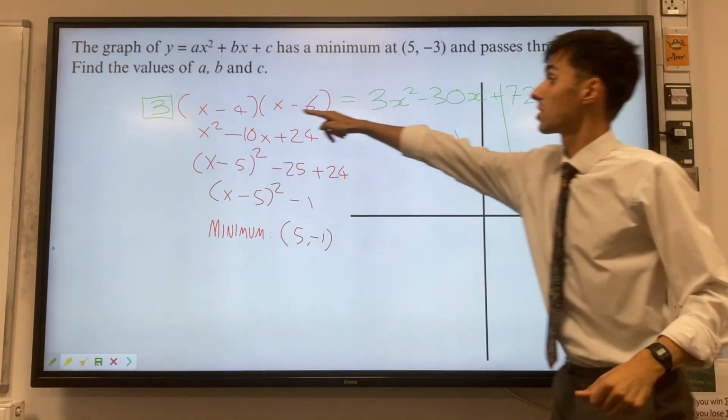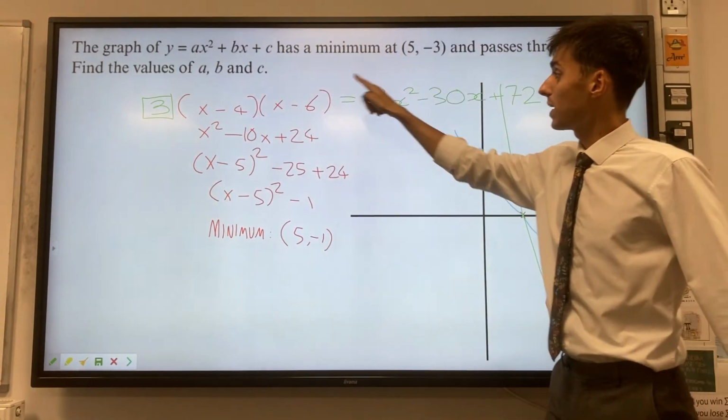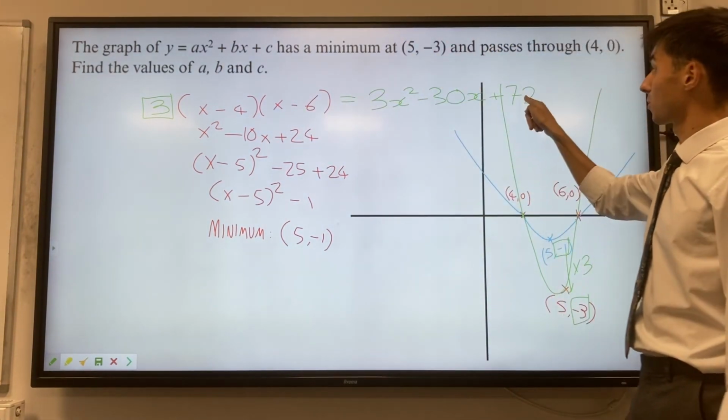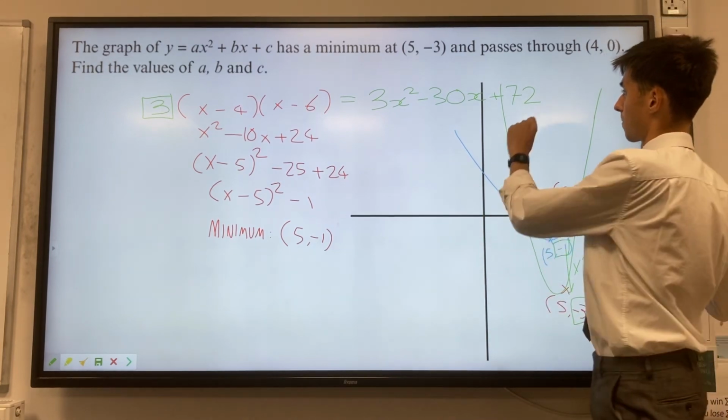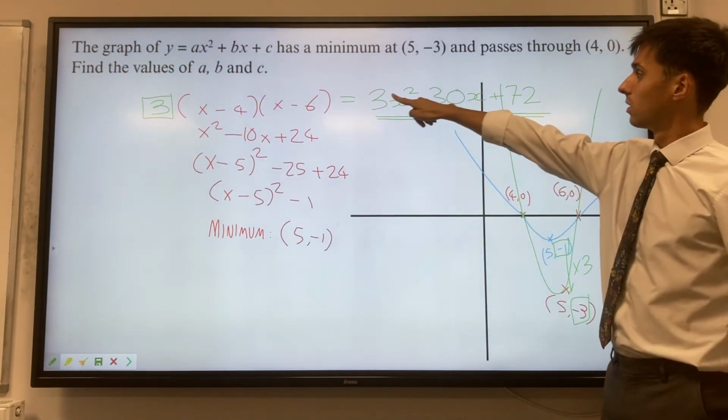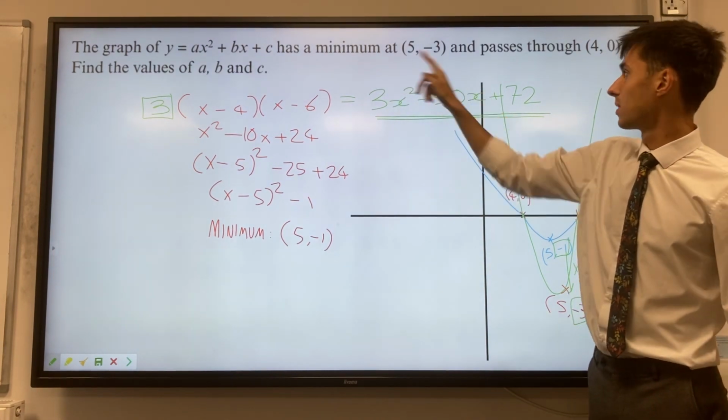Right, we've times-ed the 1 by 3, the minus 10 by 3 to get minus 30, and the 24 by 3 to get 72. So this would be the answer that we're looking for: a, b, and c.